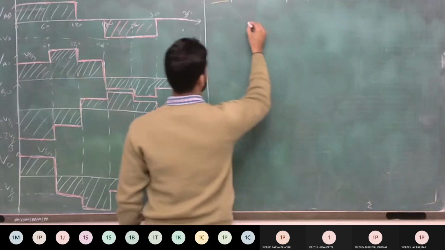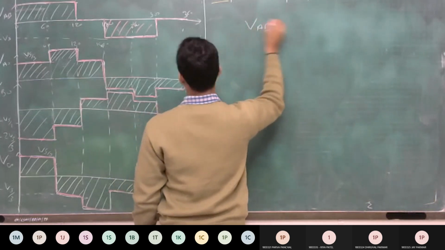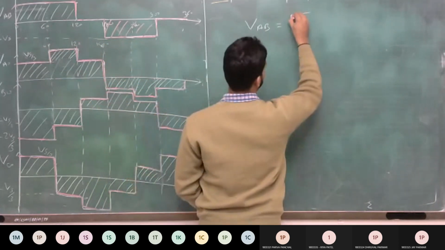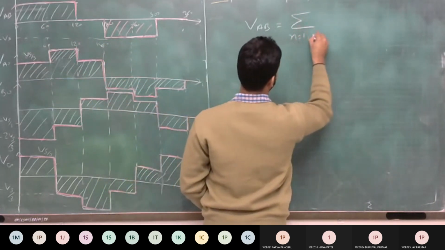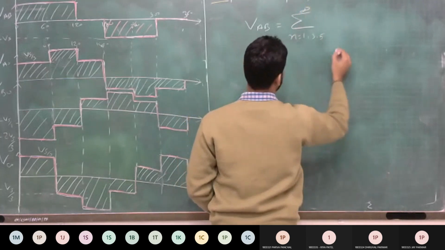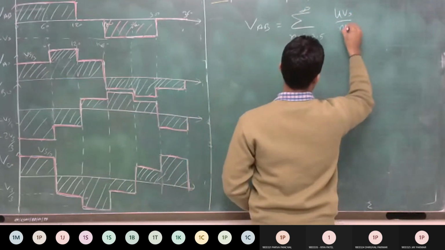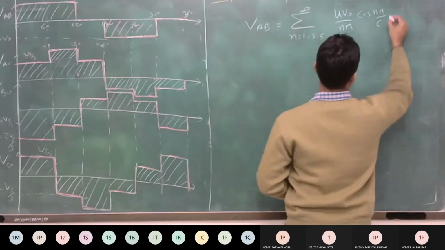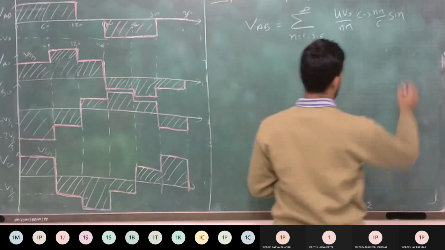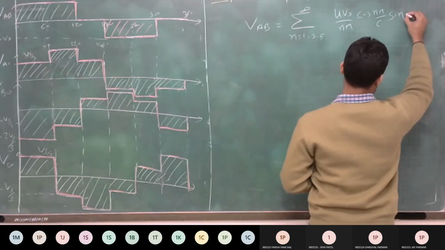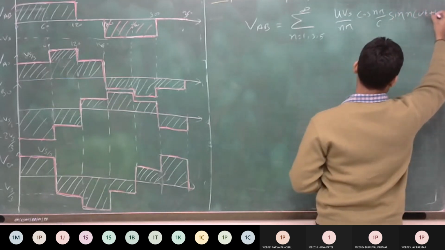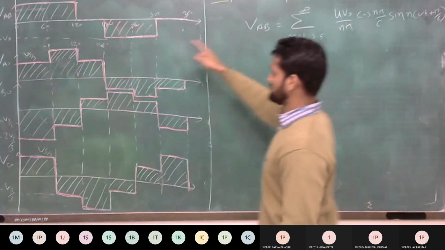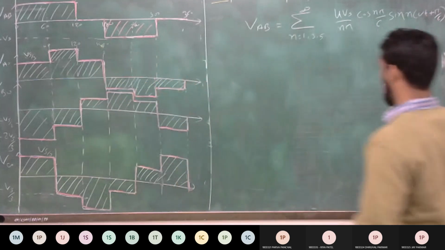Fourier analysis equation of line voltage VAB: this waveform's Fourier analysis is the summation of n equal to 1, 3, 5 up to infinite, 4 Vs by n pi cos n pi by 6 sin(n omega t plus pi by 6). That is the equation of Fourier analysis of this waveform VAB. Clear?